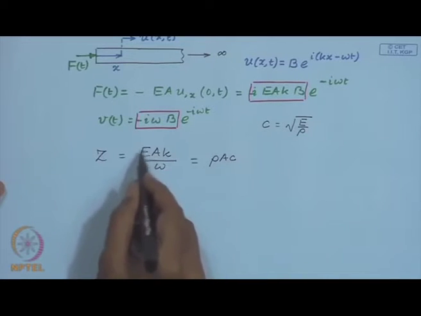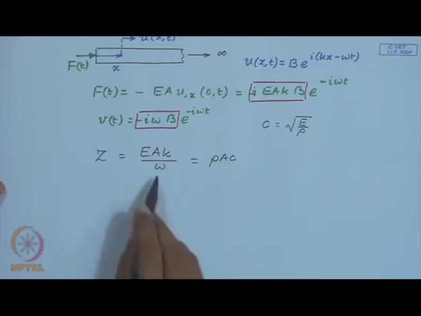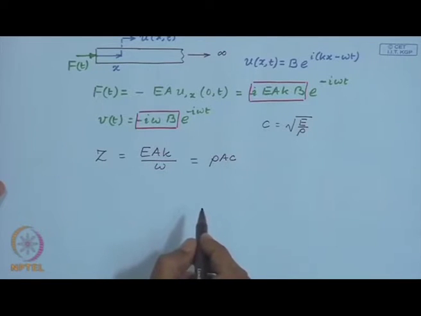So I eliminate this E as rho times c square, and here I have the impedance of a bar.